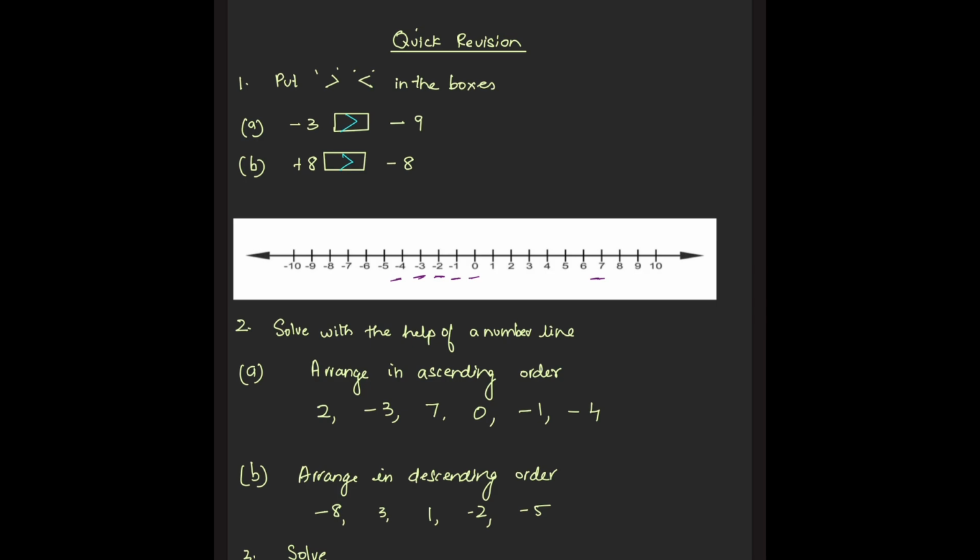Oh my god, all these numbers are like. So the smallest is -4 and the greatest or the largest is the 7. So how are we going to write that? -4 is smaller than -3, -2, -1, 0, 7.